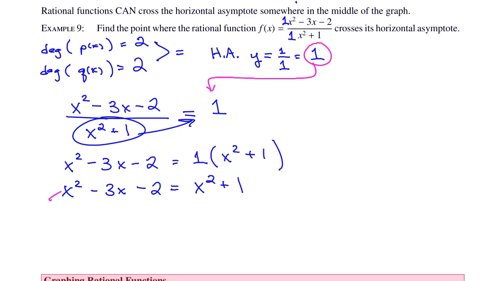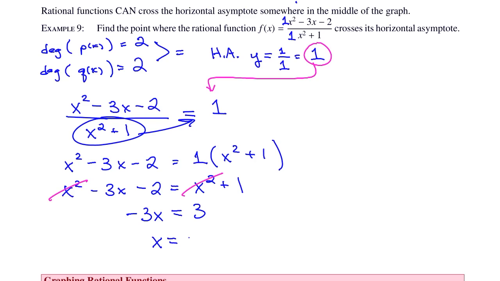We have x squared on both sides, and they cancel. On the left side, I'll leave the negative 3x. On the right side, we'll take the negative 2 and move it over. It adds with the positive 1 and gives me positive 3.